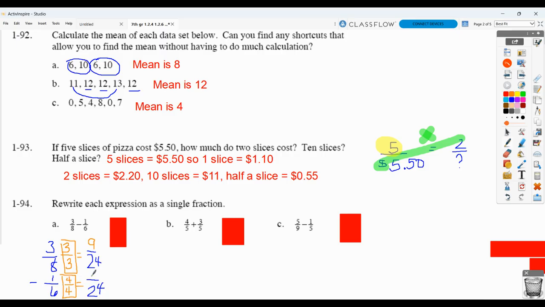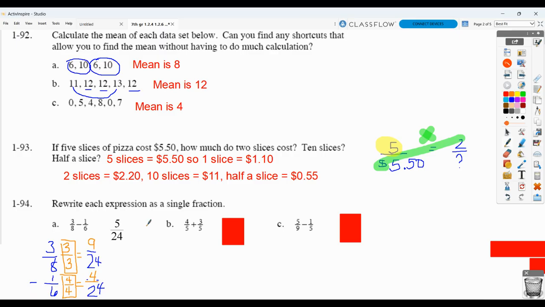And 1 times 4 is 4. So now we have 9/24ths minus 1/24th, which of course would be, I'm sorry, my mistake here. I wrote down a 1 and I said a 4. I apologize. 1 times 4 is 4/24ths. So 9/24ths minus 4/24ths is 5/24ths.